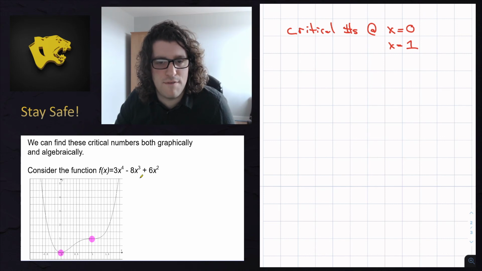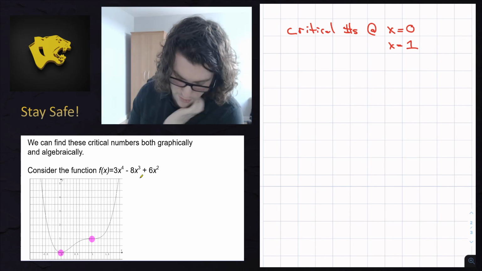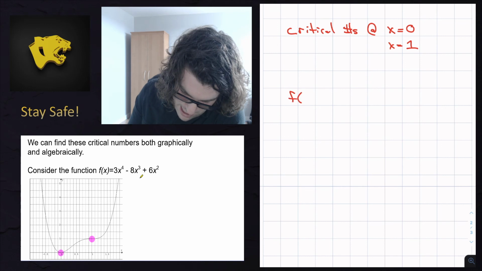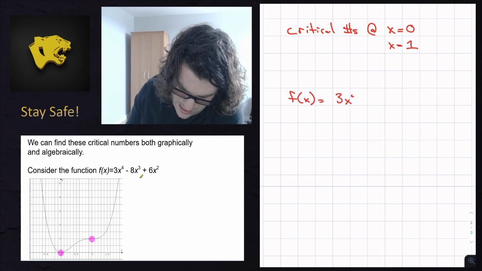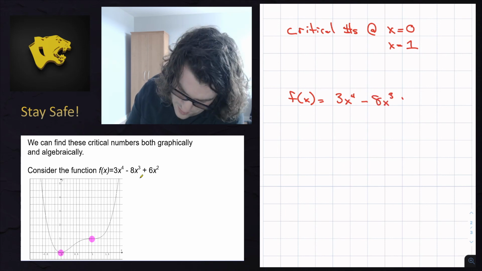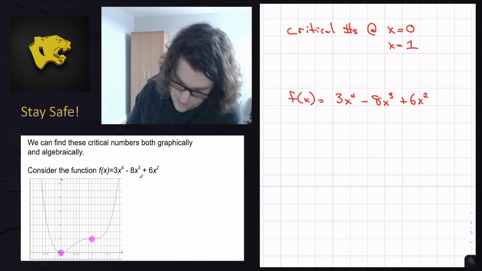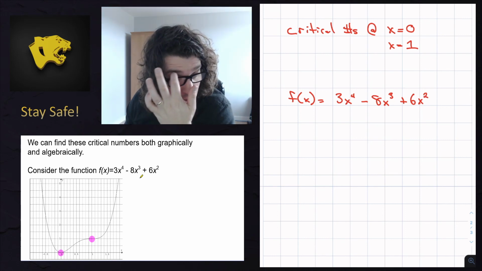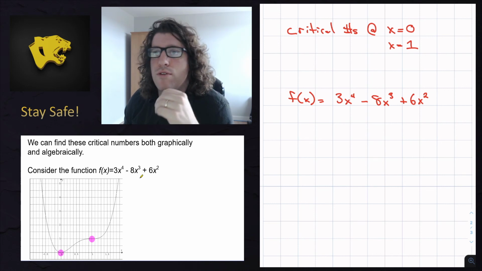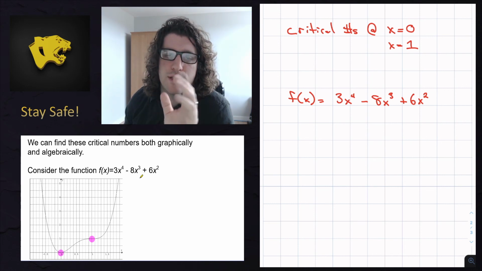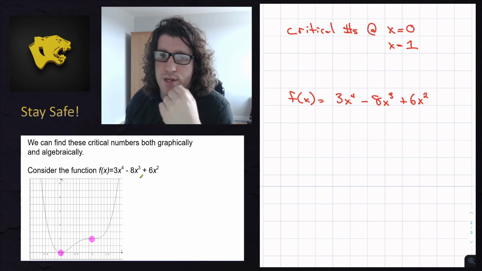If you do not have a graph to work with, and we are instead starting with this function, f of x is equal to 3x to the 4 minus 8x cubed plus 6x squared. If we are looking to find critical numbers, they are where the derivative is either 0 or does not exist.